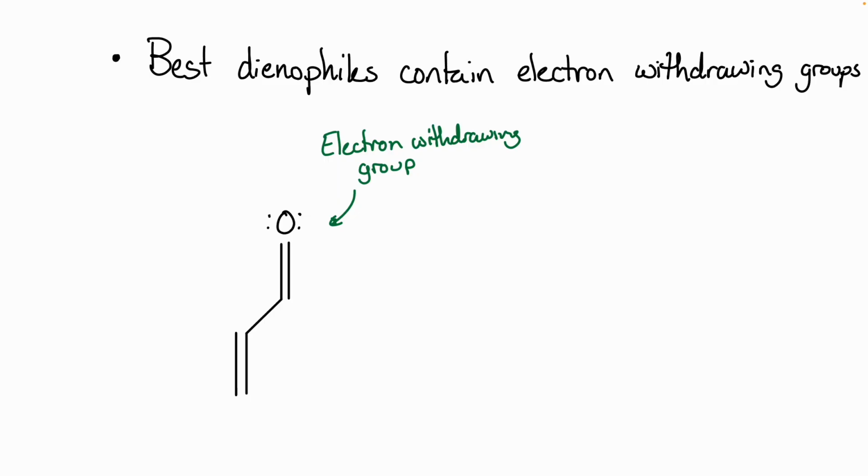Okay, this carbonyl group here can withdraw electrons through resonance. It pulls electrons onto that more electronegative atom, that oxygen.